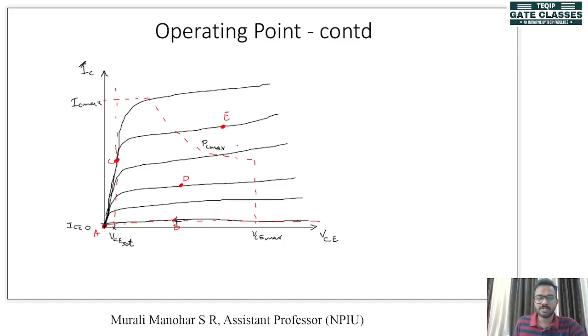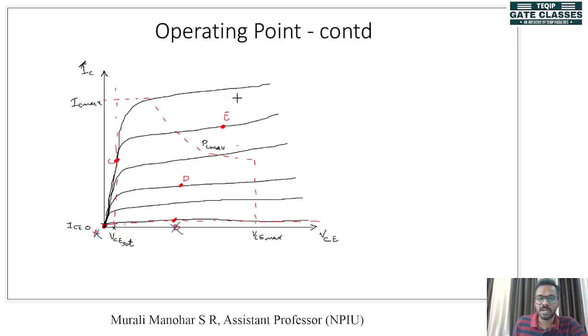The same problem is there with B. In B, which is very close to the cutoff region, because of this, some or most part of our negative half cycle will not be present at the output. So B is also not a suitable operating point, so as A. Now if we look at C, the problem with C is it is in the saturation region, and because it is in the saturation region, it is non-linear.